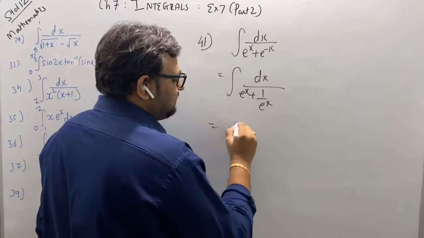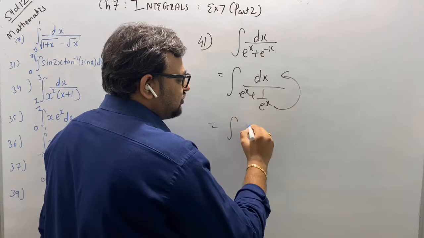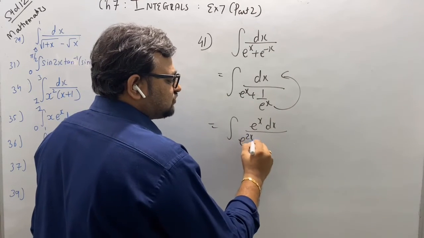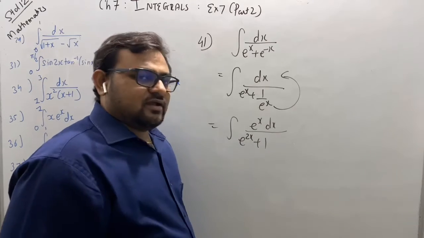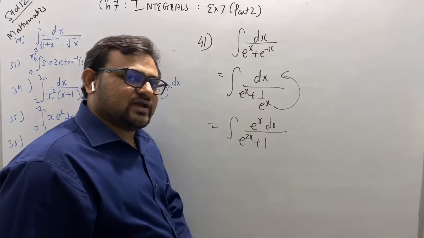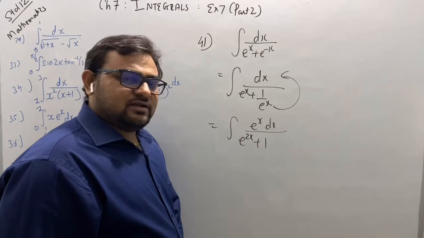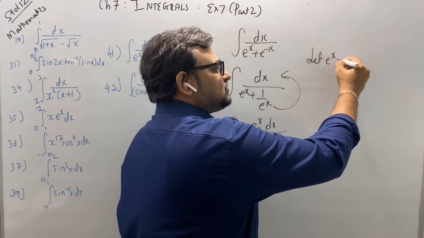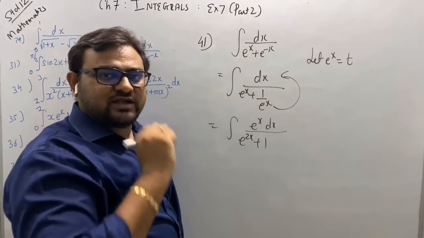Now what should I do? Take the LCM. This e raised to x will jump to the numerator. e raised to x into e raised to x, e raised to 2x plus 1. Now you can see that you can assume e raised to x, right? Let e raised to x equal to t.